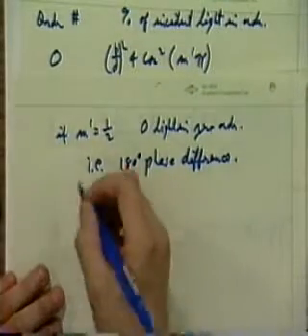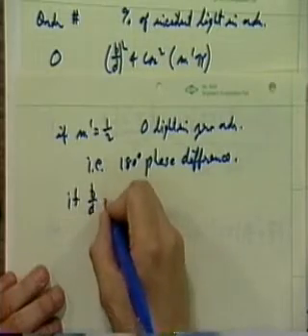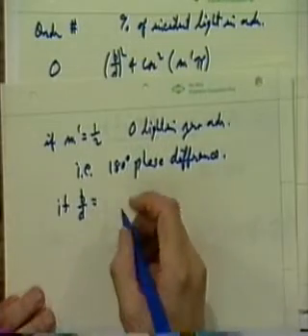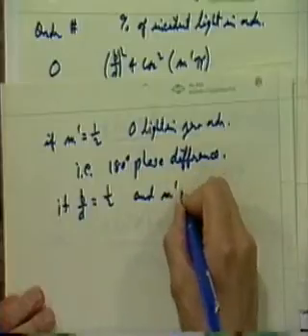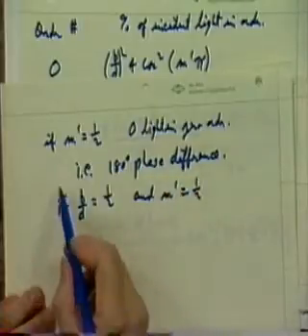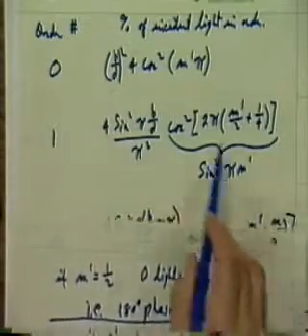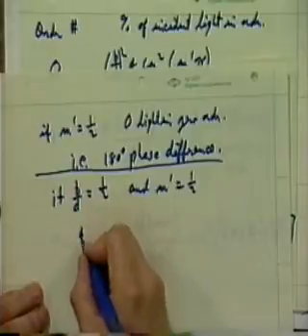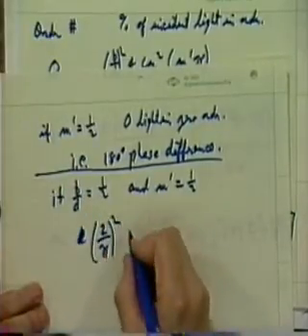About out of time, so I better just write down the answer here. To get the maximum amount of light in this first order, b over d should be 1/2, and m prime is 1/2, so the two are out of phase by 180 degrees. If you plug that all in here, you get 2 over pi squared.